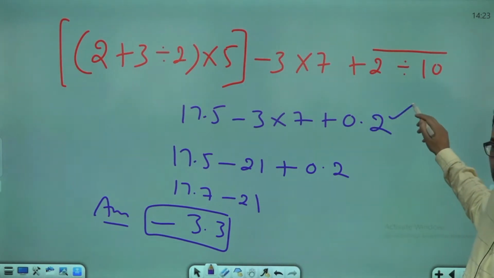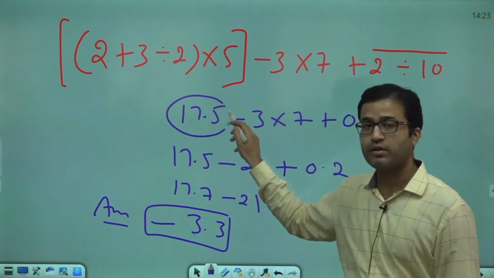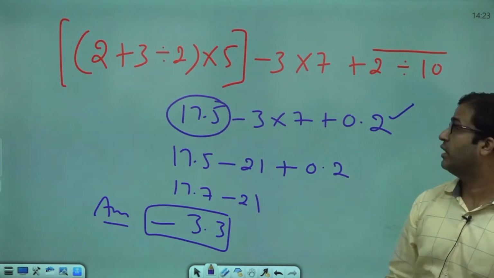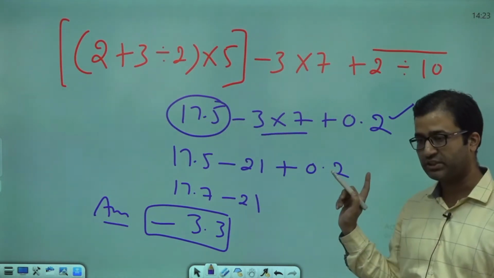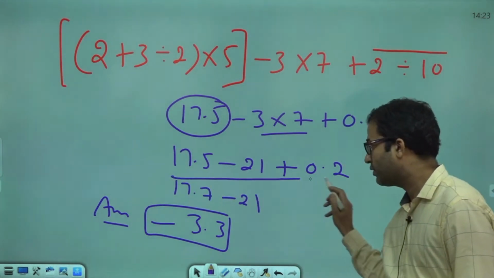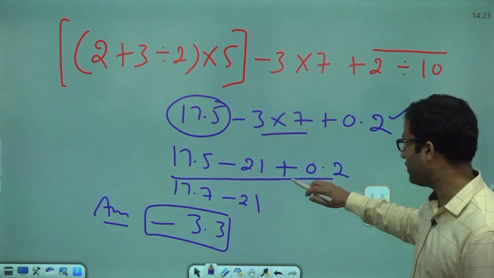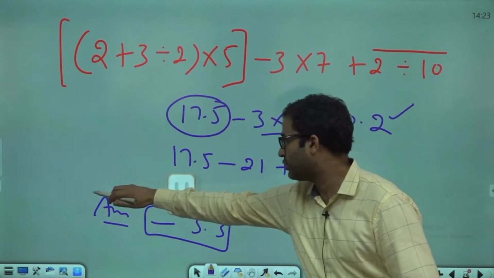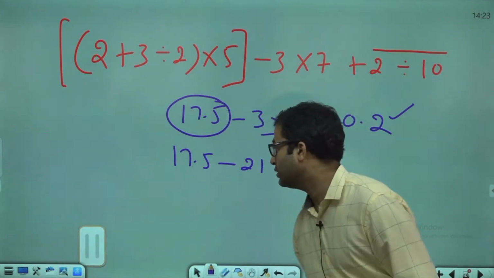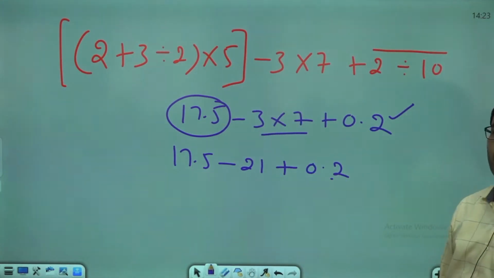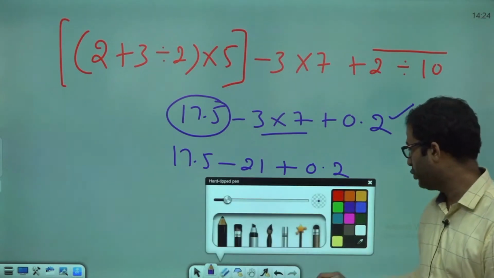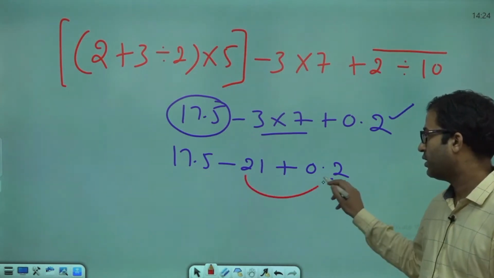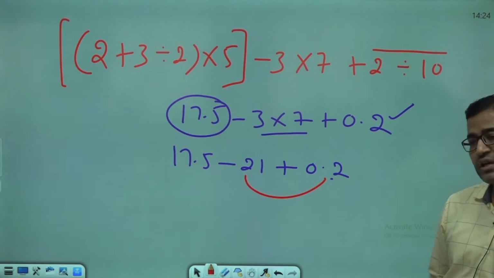Did you understand this? All of you got 17.5. Okay. After that, multiplication. 17.5 minus 21 plus 0.2. Okay? You go step by step. We will do addition. Here minus 21 and plus 0.2.